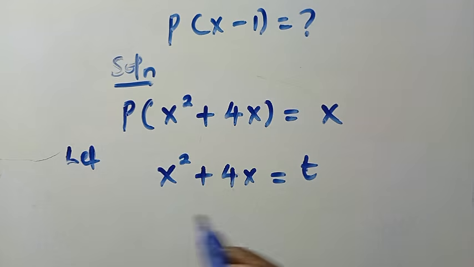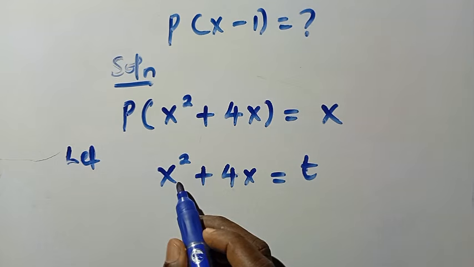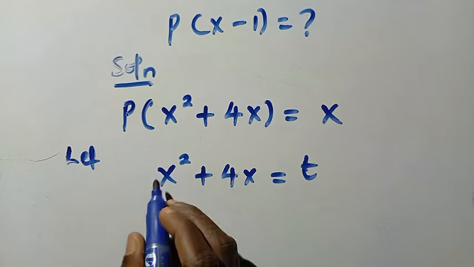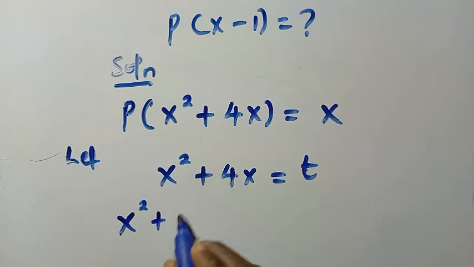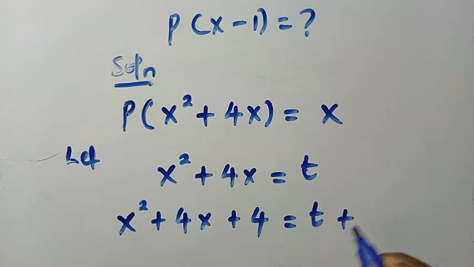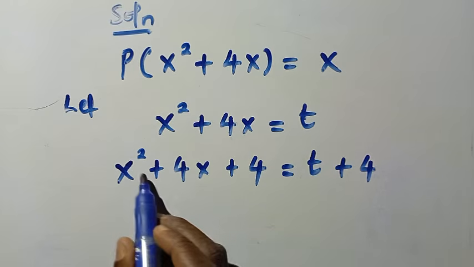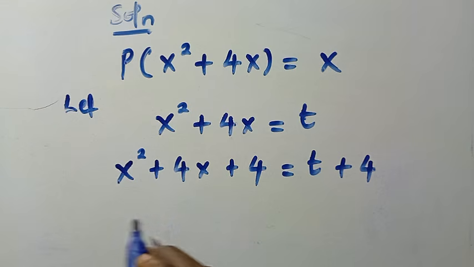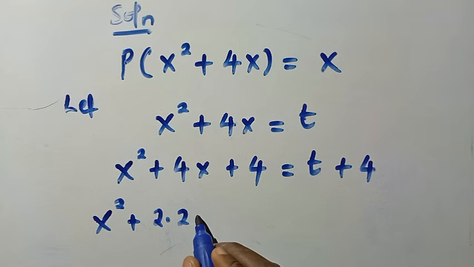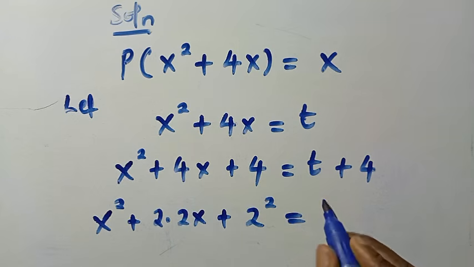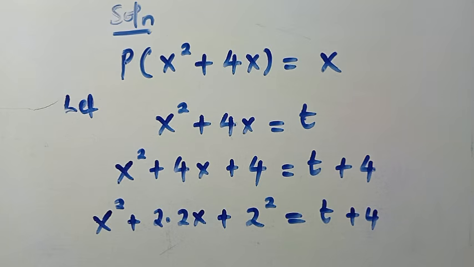And what I will do here is, suppose I want to make x the subject of the formula. Let's say I add 4 to both sides. Here becomes x squared plus 4x plus 4 equals t plus 4. But x squared plus 4x plus 4 is also written as x squared plus 2 times 2 times x plus 2 raised to power 2 equals t plus 4.